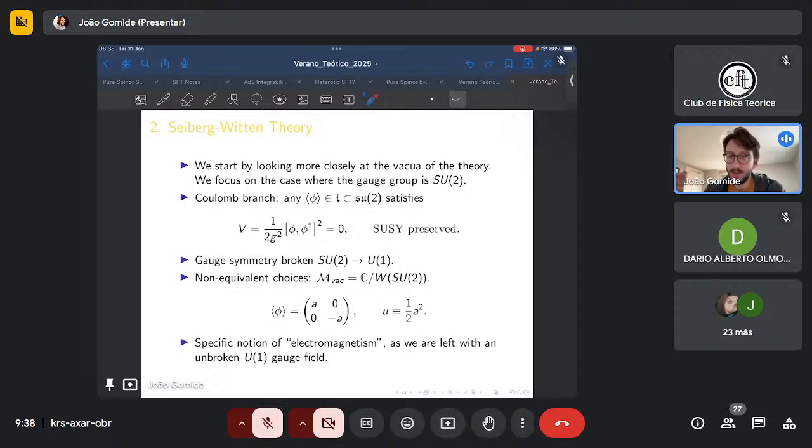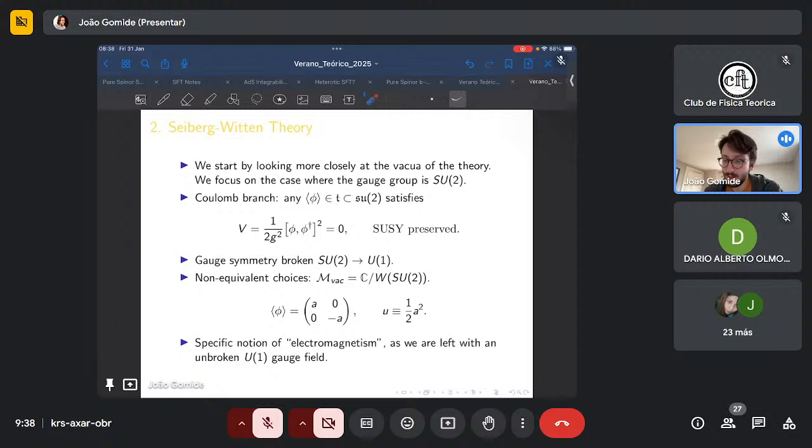Because all the phi's have indices in the gauge group or the adjoint representation, these phi's are matrices from the point of view of the gauge group, and we can have non-zero phi's such that the scalar potential vanishes.